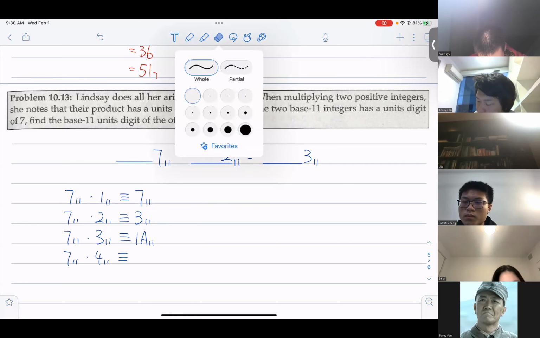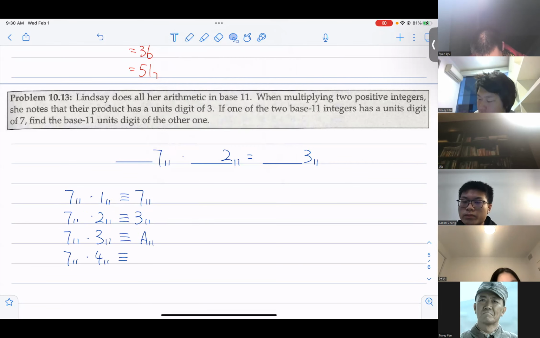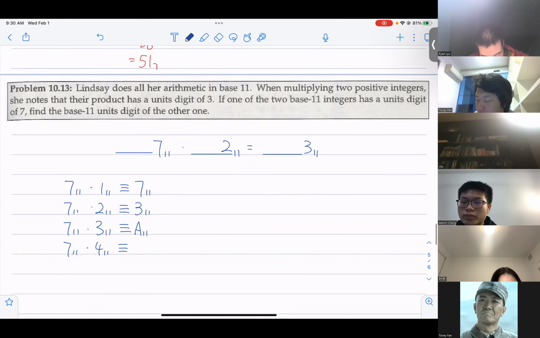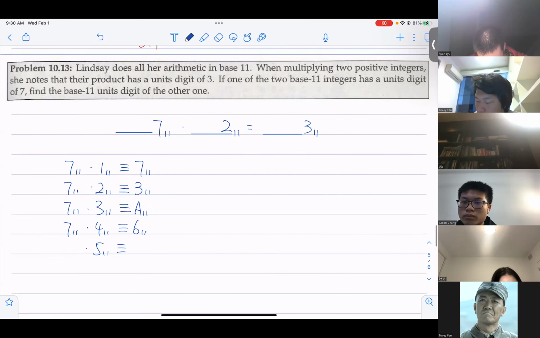So this one we don't actually write it, because we say it's congruent to. So 4 times 7 is 28. Minus 22, remainder is 6. And then you times by 5 is 35. You have 33, so remainder is 2.